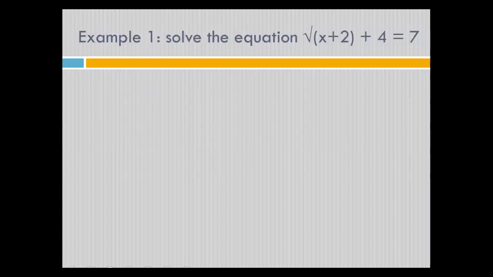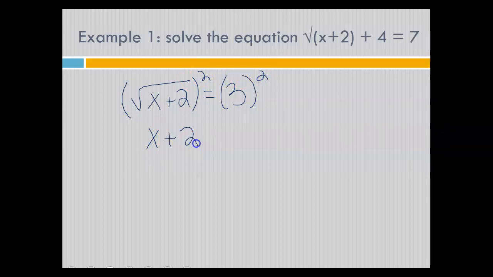So it says solve the equation: square root of x plus 2, plus 4 equals 7. What we're going to do is isolate the square root of x plus 2 by subtracting 4 from both sides. Then you square both sides, so you get x plus 2 equals 9, because the square and the square root cancel each other.